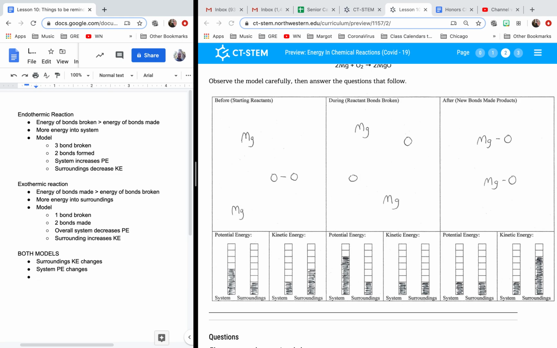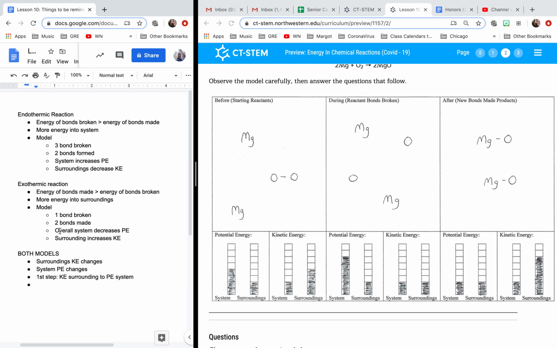Even though we have different amounts transferring in that first step, we have energy going from the kinetic energy of the surroundings to potential energy of the system in each one.